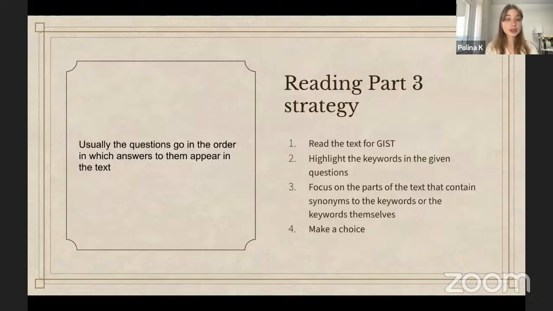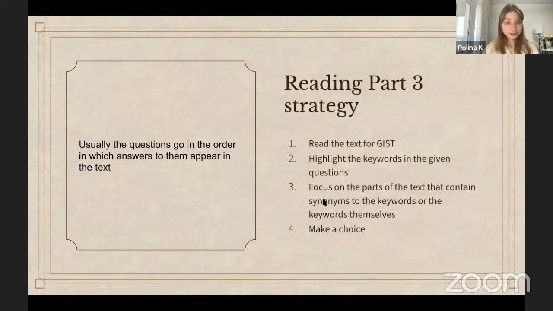Usually the questions go in the same order in which answers to them appear in the text. So for example, the answer to the first question will usually be somewhere at the beginning of your text. Then the answer to the second question will be located somewhere maybe in the second paragraph. That's the usual logic of YEGE task organization.